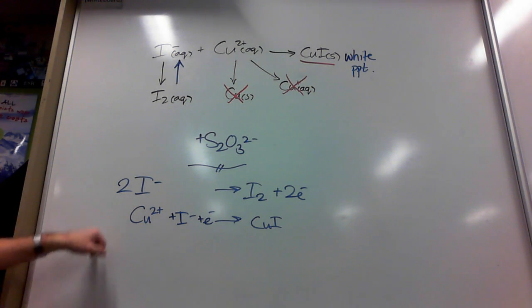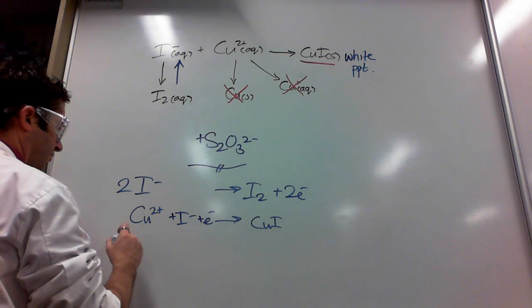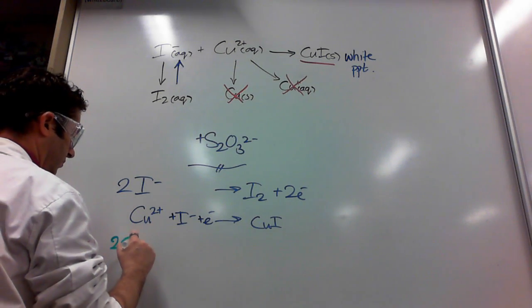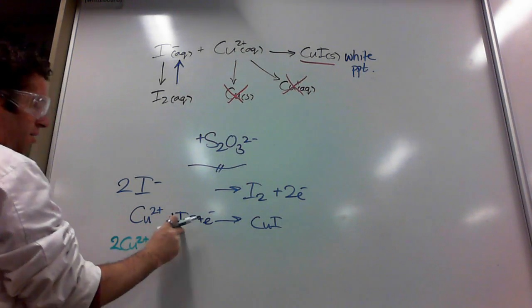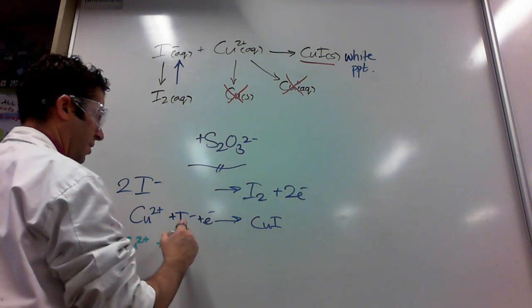Otherwise, it's not a half equation, it's an incomplete full equation. When I combine the two together, you'll see that I need 2 of this. So you're going to end up with an overall equation of this. Note that you've got 2 iodides there, 2 iodides there.